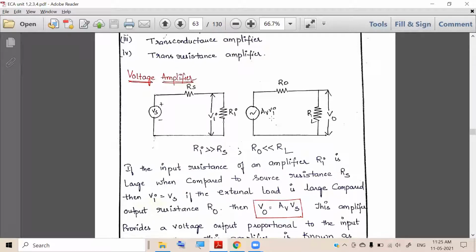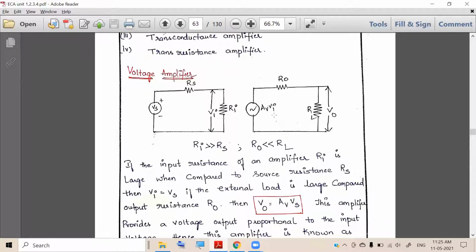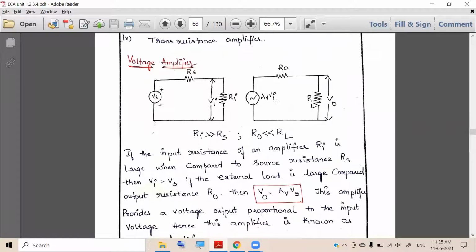Now the second condition we can consider: if RL is much greater than R0, then we can say that this entire voltage comes here.